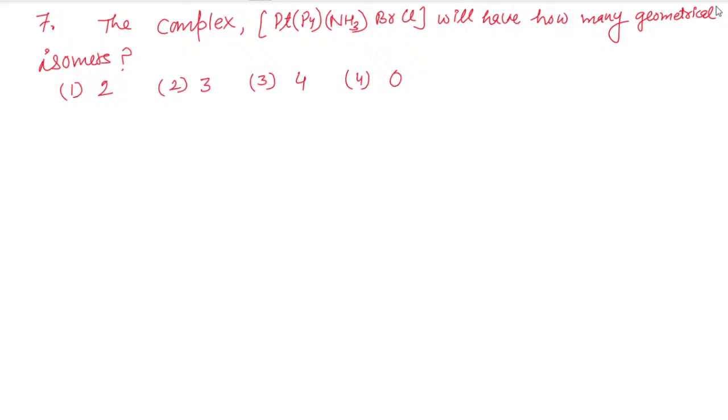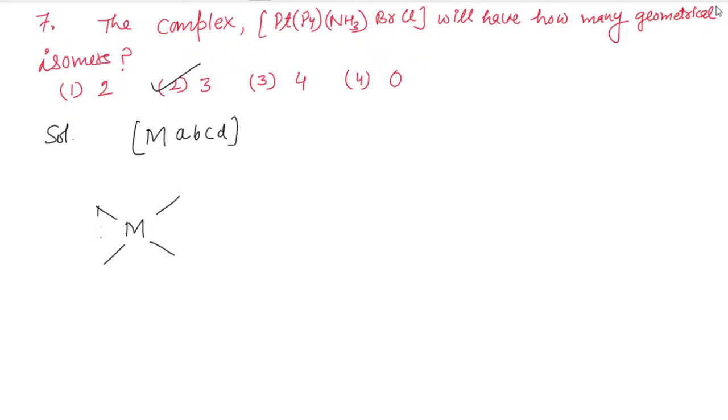Yes, the complex platinum pyridine NH3 BrCl. So keep in mind any complex of this type, that is M attached to A, B, C, D, means all 4 different ligands. So there are total, always there are 3 geometrical isomers.